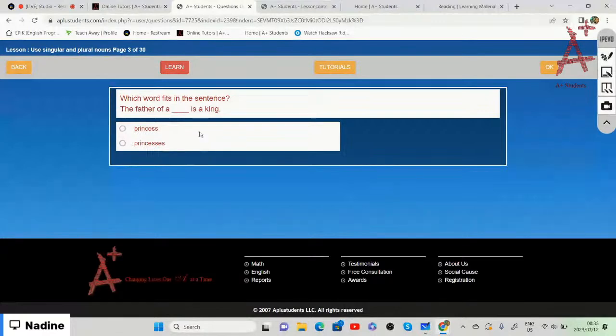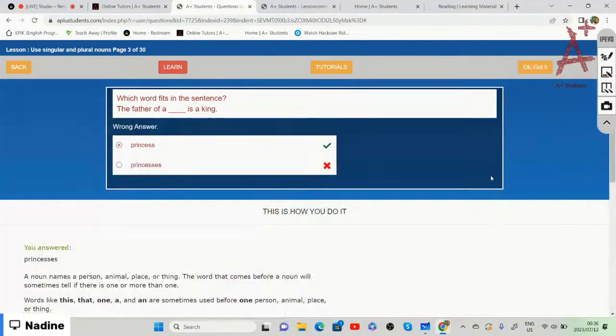So here it says we need to choose the correct word. The father of a princess or princesses is a king, right? And sometimes these can also be very tricky, right? Like princess and princesses. As you can see, these are like a few trick questions, right?